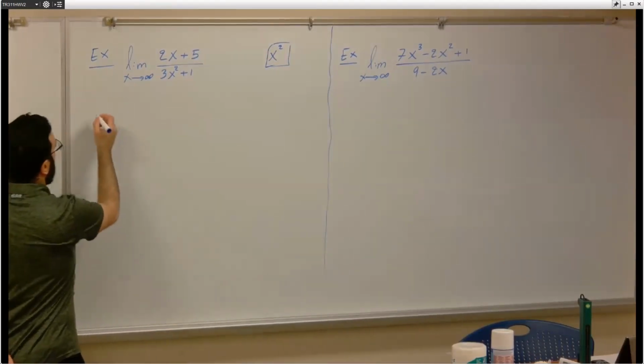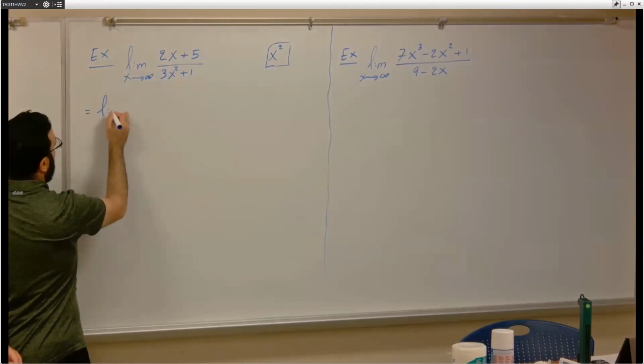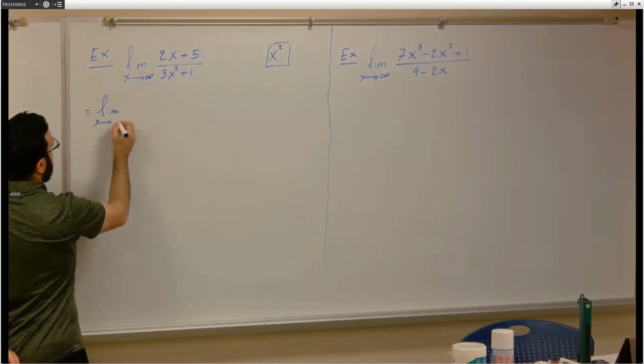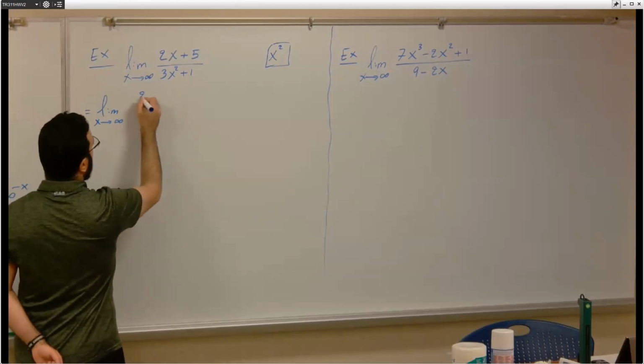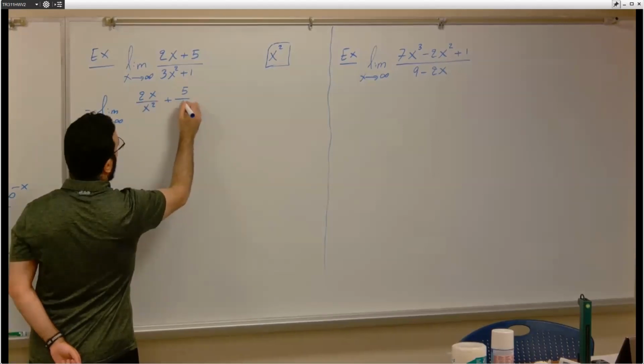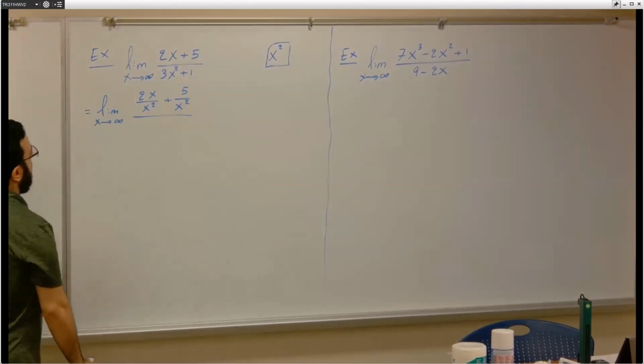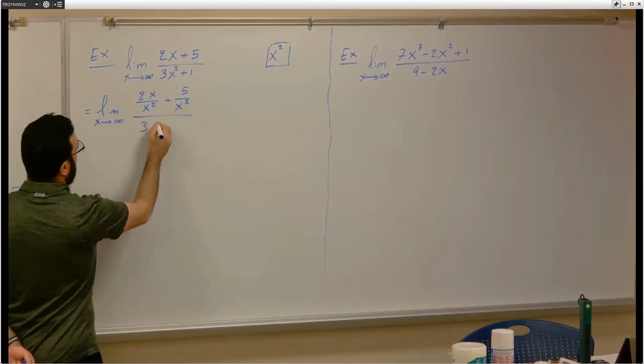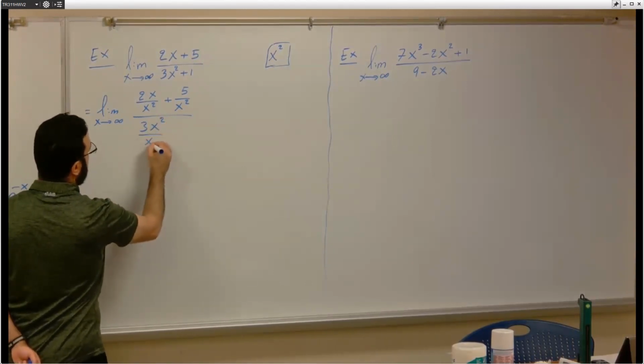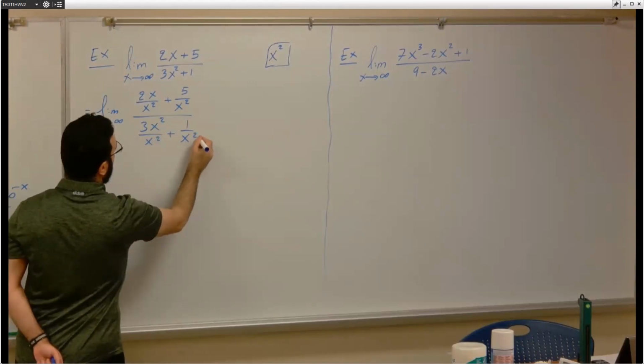In this case it's the limit as x approaches infinity of 2x over x squared plus 5 over x squared, divided by 3x squared divided by x squared plus 1 divided by x squared.